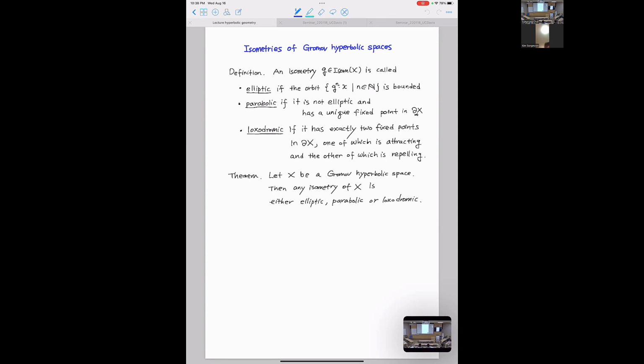So then there is a theorem, a kind of classification of isometries of Gromov hyperbolic space. Let X be a Gromov hyperbolic space, then any isometry is either elliptic, parabolic, or loxodromic. Okay. So this also works for hyperbolic space because hyperbolic space is a Gromov hyperbolic space.